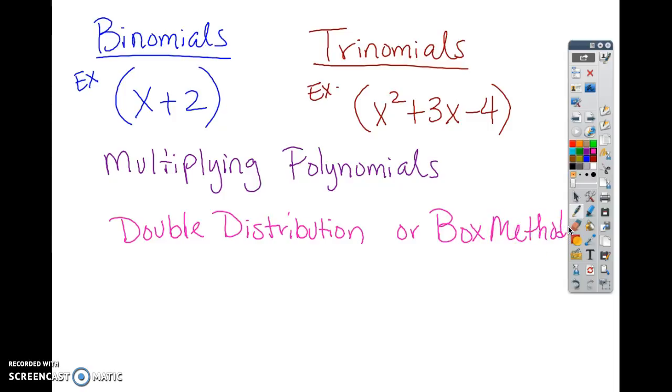Okay, so I'm going to show you how to do double distribution, and I'm also going to show you how to do box method to multiply polynomials. We are multiplying polynomials today. So let's go ahead and start off with an example of what double distribution looks like.